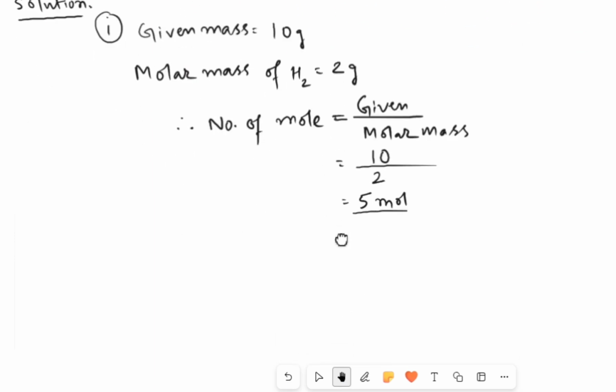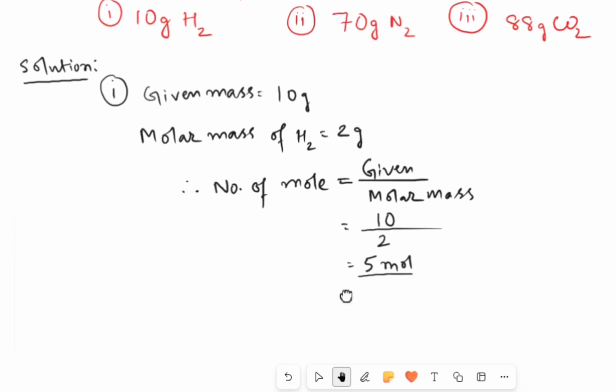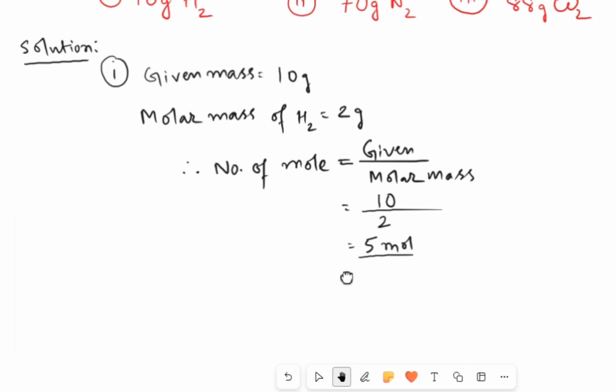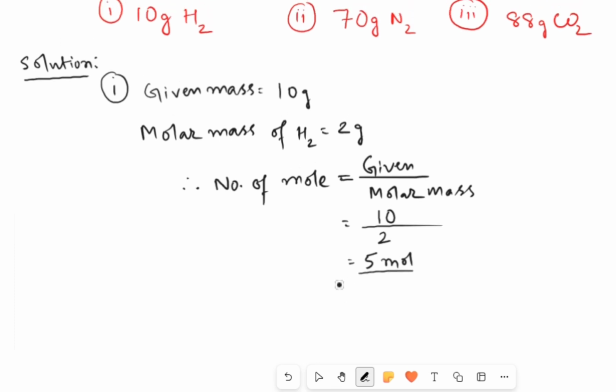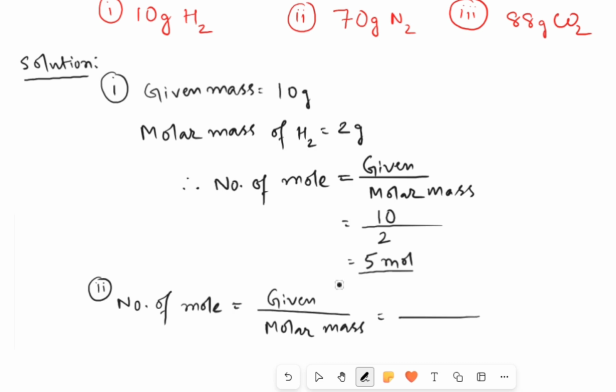Now we are going to do the next question. Next question is 70 gram nitrogen. So now we are going to put the formula directly. So here it is number 2. So we are going to write number of mole equal to 70 gram, that is given mass by molar mass. So 70 gram will be the given mass, so I'm writing 70 divided by the molar mass.